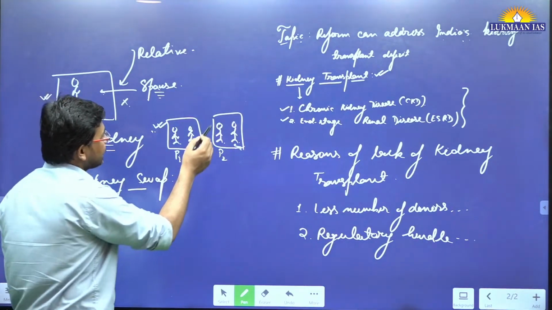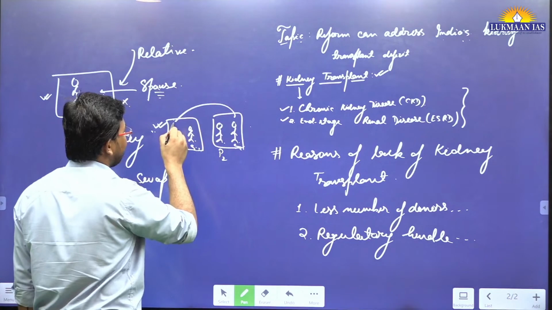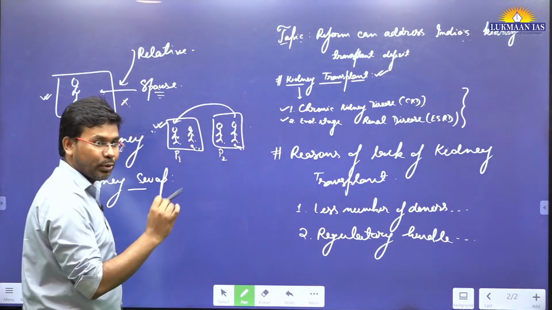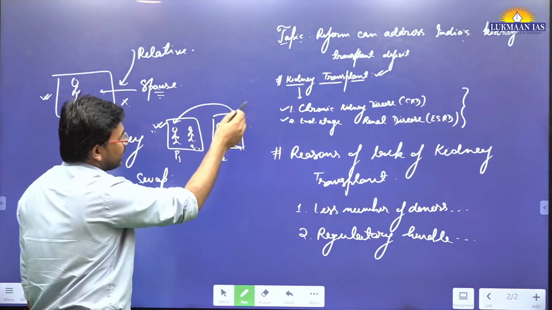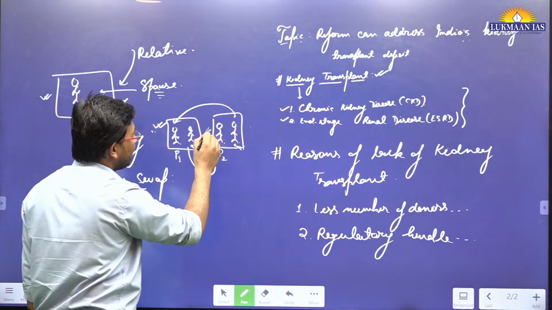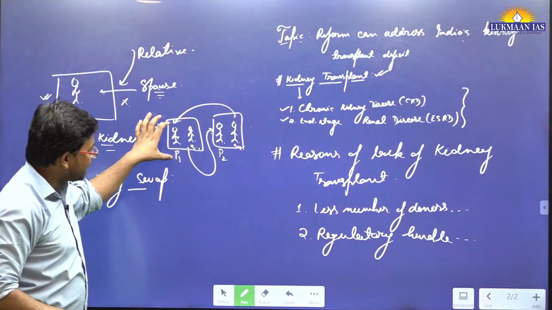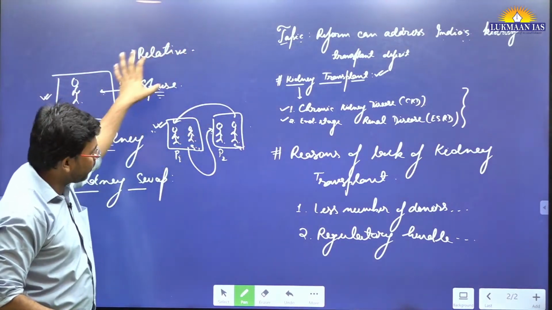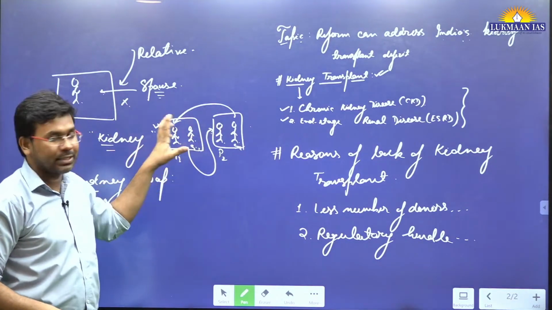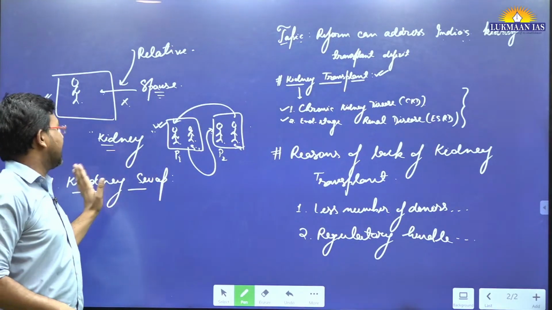In that case, if the other spouse's organ coincidentally matches this person, and this person's organ matches the other patient, then the second person can donate for this patient, and this person can donate for that patient. This is known as kidney swap.